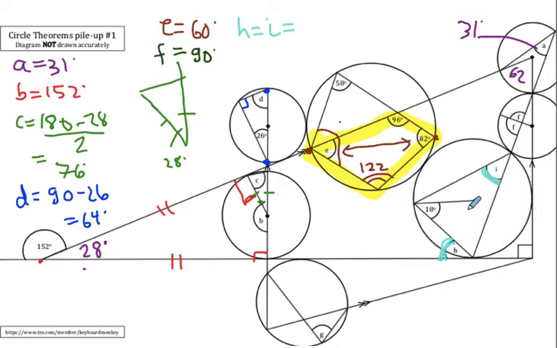Okay, so then what? Well, this took me a little while to think of, but then I thought of this. Can you see that what I've just done is I've just drawn another radius, and what this will allow me to do is label this as 18 degrees as well.